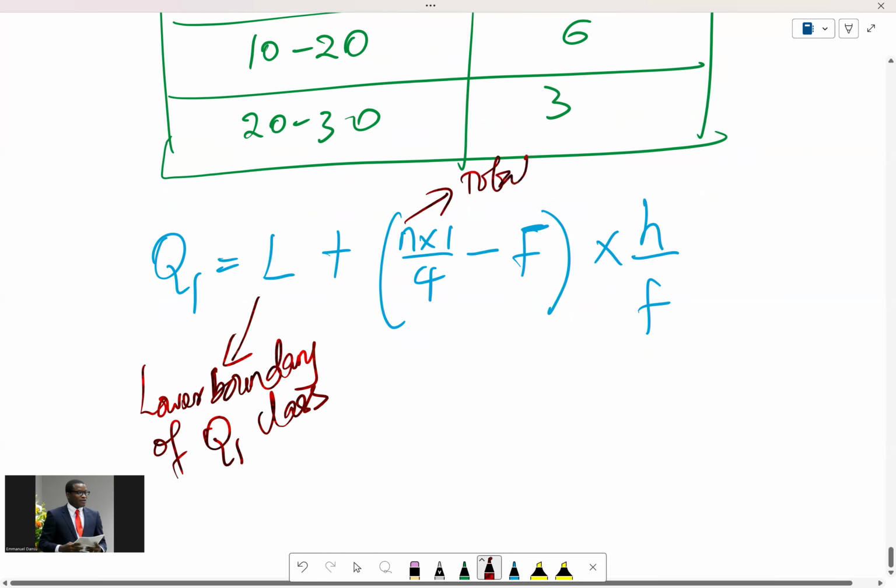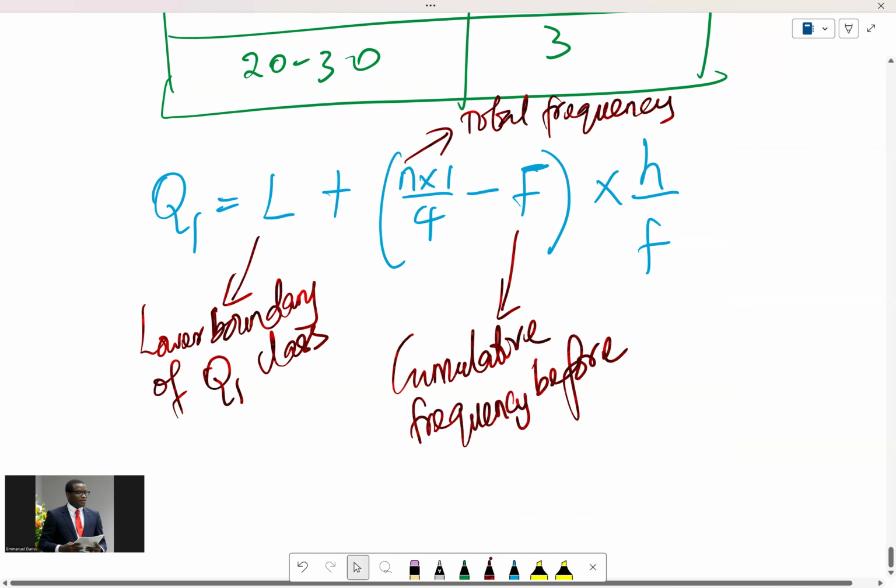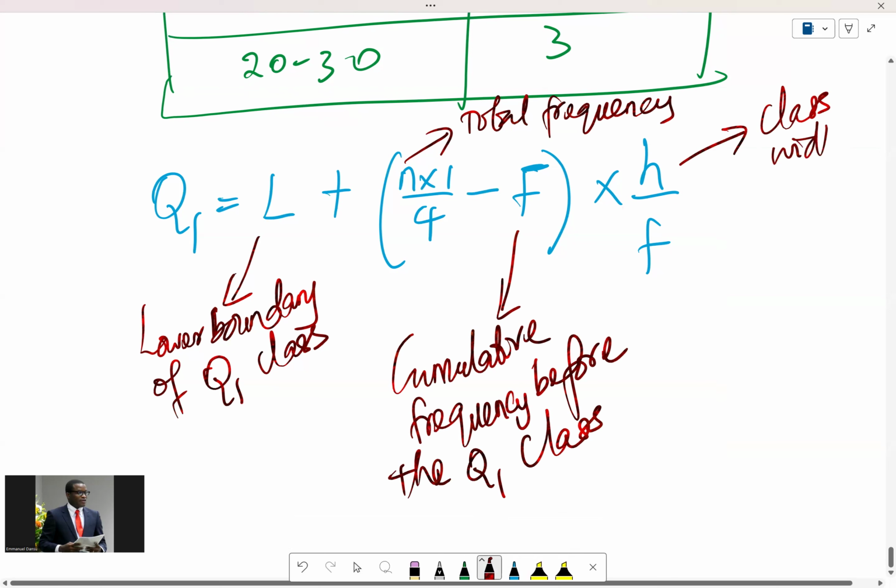Then this is the total frequency. If you add all the frequencies together, that is what N is. And this is the cumulative frequency before the Q1 class. This is the class width. H is the class width. That's the difference between the smallest value and the biggest value of each class.